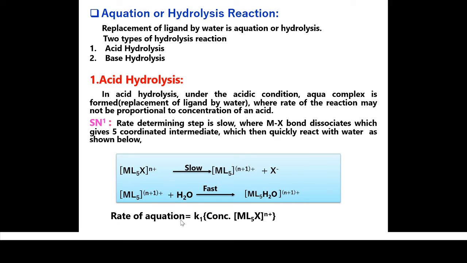As the rate only depends upon the concentration of the substrate, the rate of aquation is equal to K1 times the concentration of ML5X^n+. K1 is nothing but the dissociative rate constant.